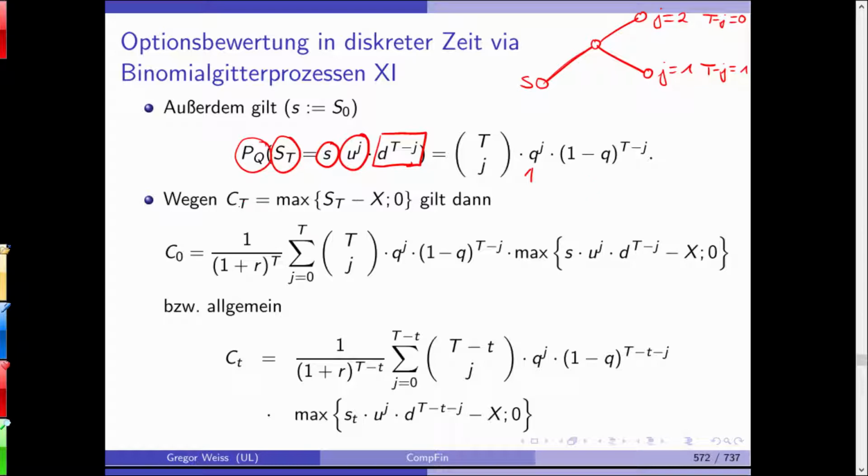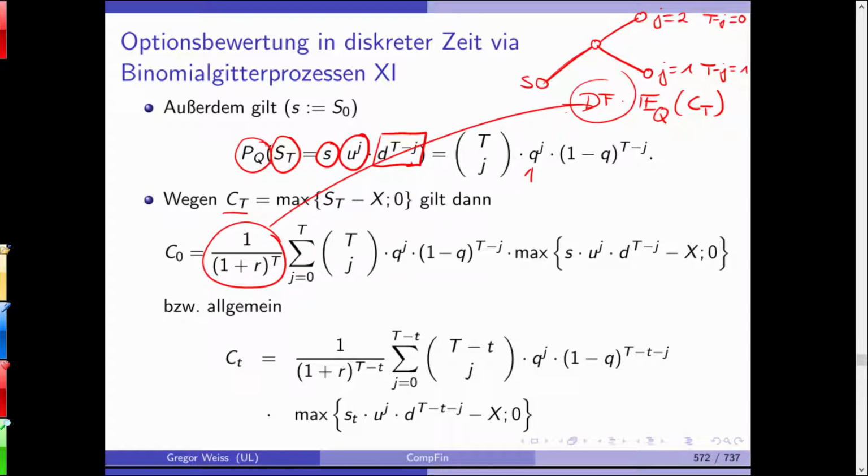Now, the payout, CT, for a call option is given by the maximum of the final stock price minus the strike and 0. So risk-neutral pricing is what? Discount factor times the expected value under Q of CT. Okay, so let's do this. The discount factor is this here.